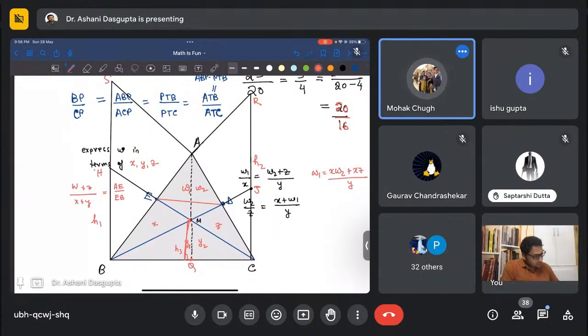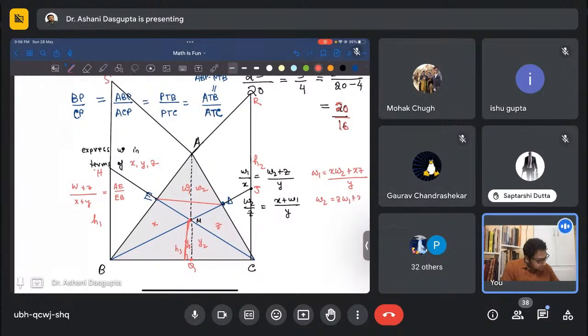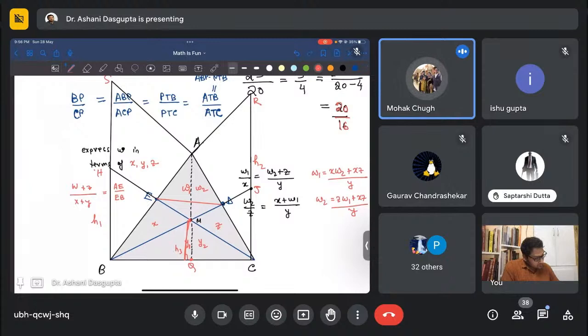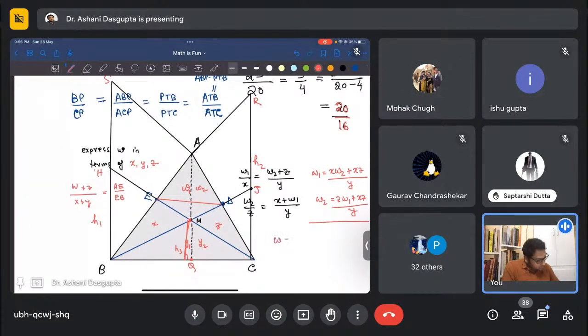And similarly, W2 equals ZW1 plus XZ over Y. Now we can add these two. So W equals XW2 plus XZ plus ZW1 plus XZ by Y.